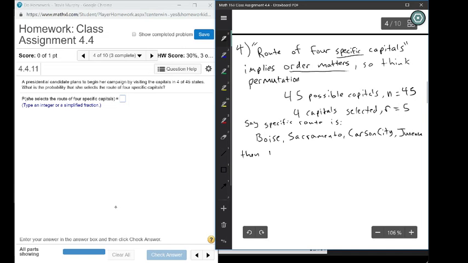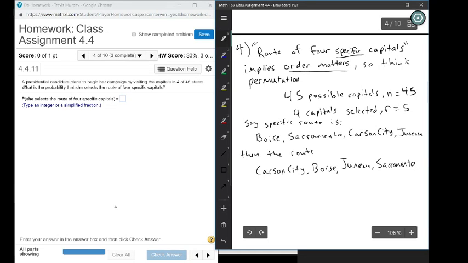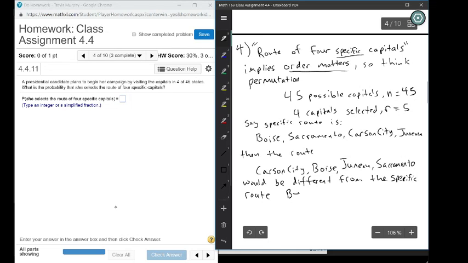Then the route Carson City, Boise, Juneau, Sacramento would be different from the specific route of Boise, Sacramento, Carson City, Juneau.